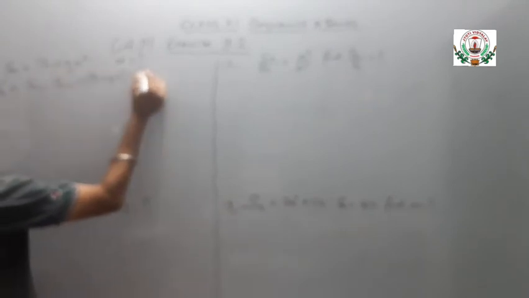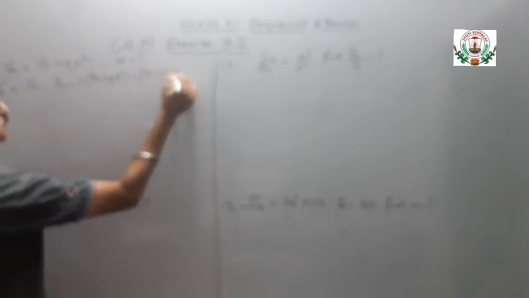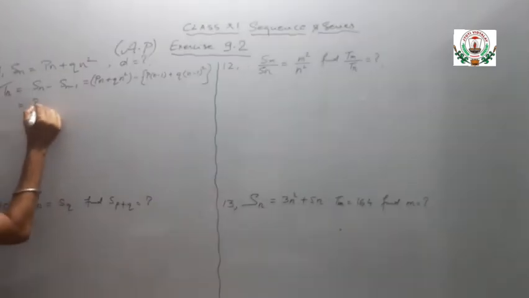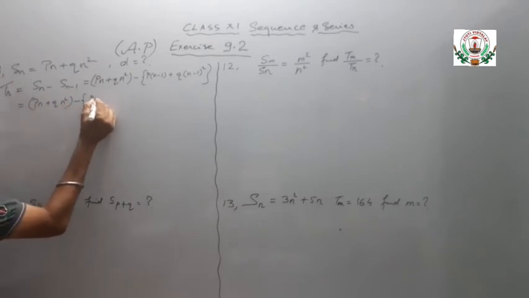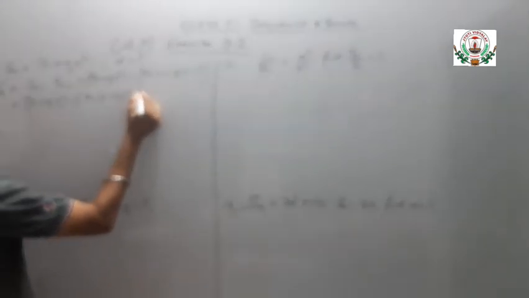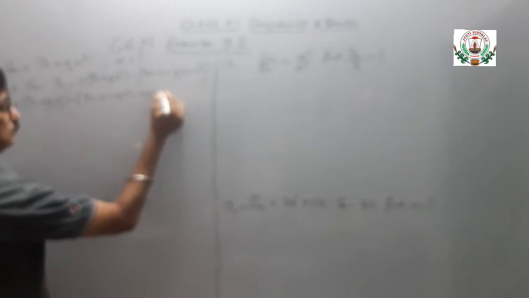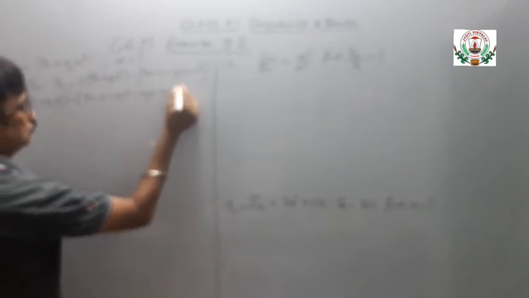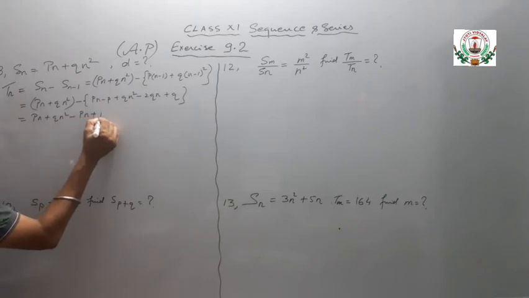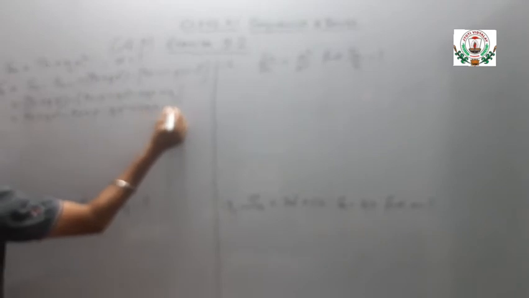In place of n, we will put n minus 1 plus q into n minus 1 the whole square. Now just to simplify: pn plus qn square minus pn minus p plus qn square minus 2qn plus q, which gives us pn plus qn square minus pn, sign change, plus p minus qn square plus 2qn minus q.